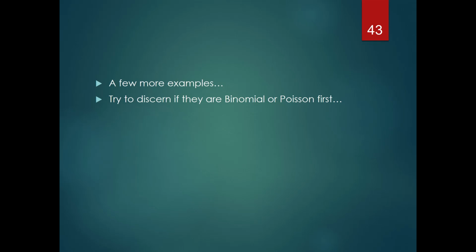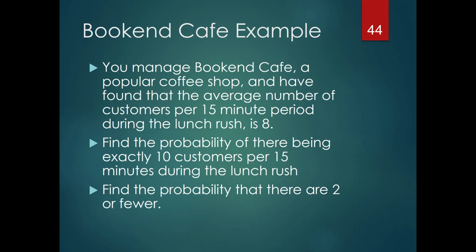Okay, and now that we've covered Poisson and binomial, let's see if we can discern whether the problem is binomial or Poisson, and why would it be one of those? Like, why, can I point out that it's a discrete variable? So you manage Bookend Cafe, a popular coffee shop, and have found that the average number of customers per 15-minute period during the lunch rush is 8.